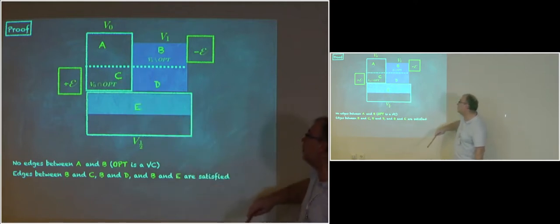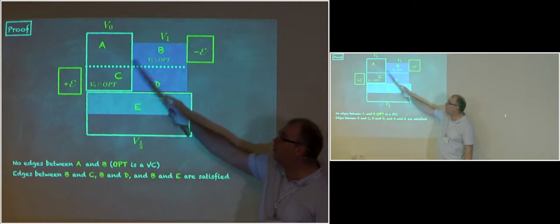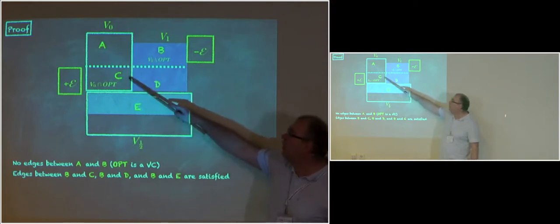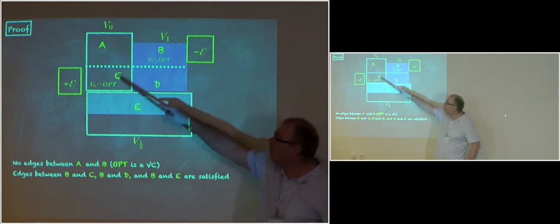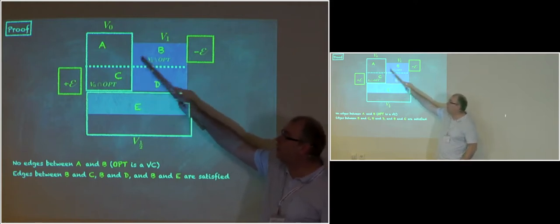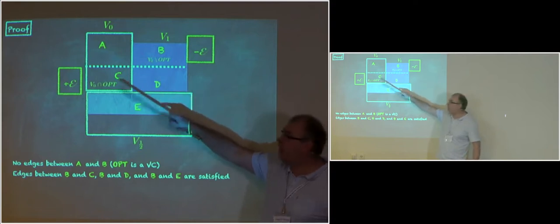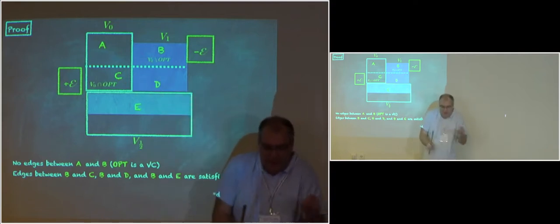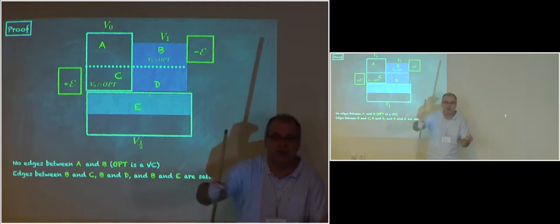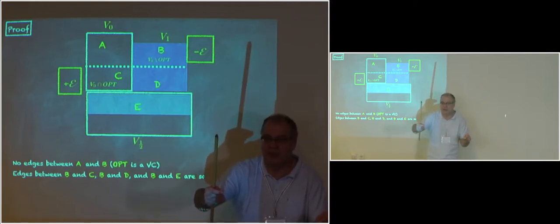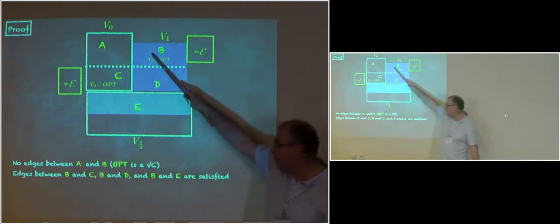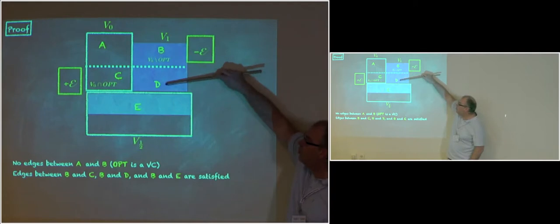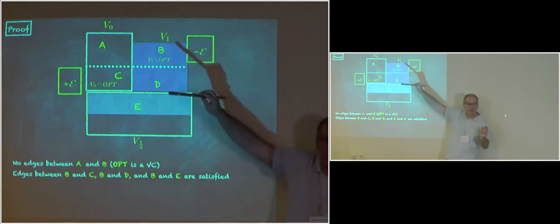The same thing for edges between B and C. If I had an edge here before, then the sum of the values here was at least 1. But I decrease one endpoint by epsilon and increase another endpoint by epsilon, so the value remains the same on all edges going from B to C. And for the remaining parts, from B to D, things are still fine, because epsilon was very small.